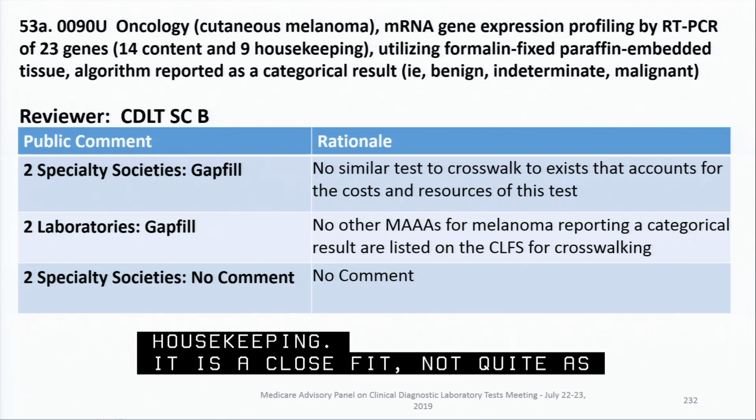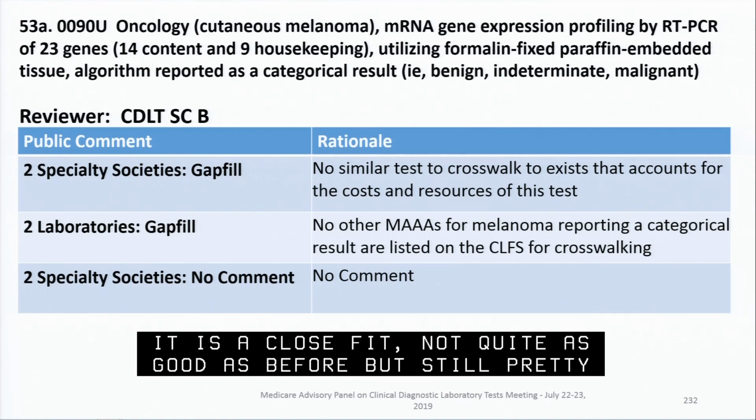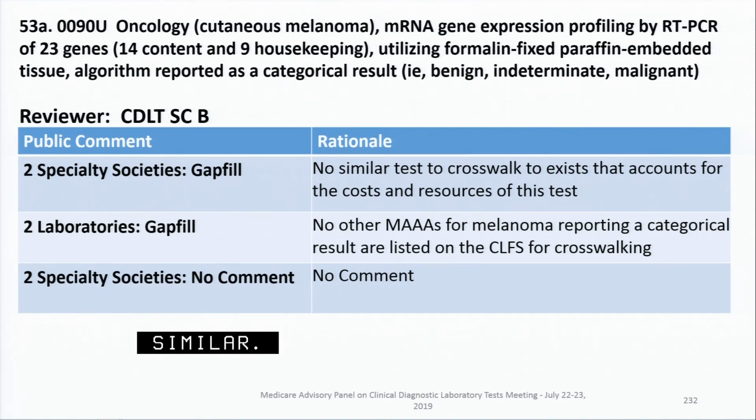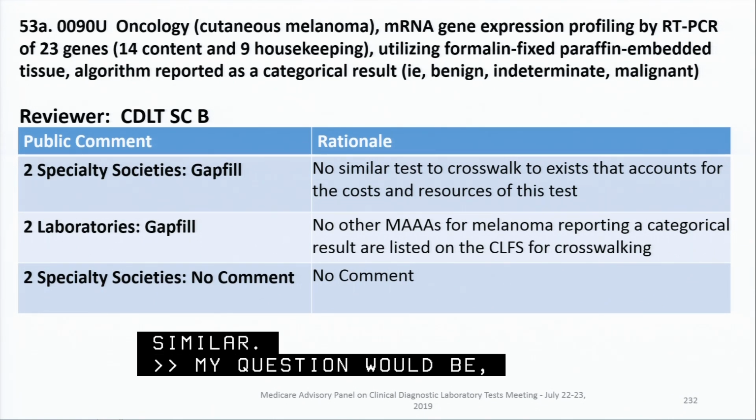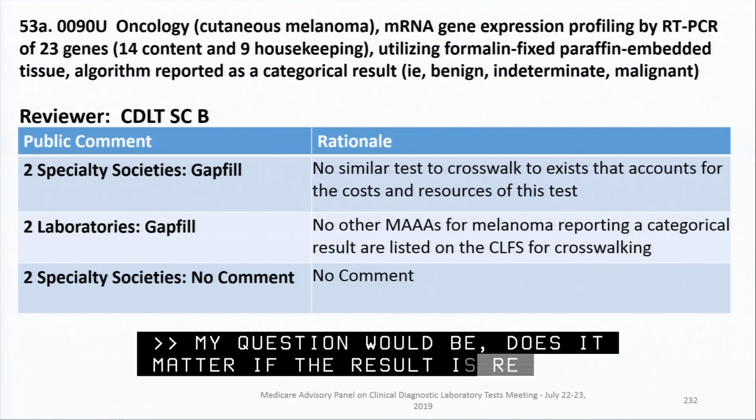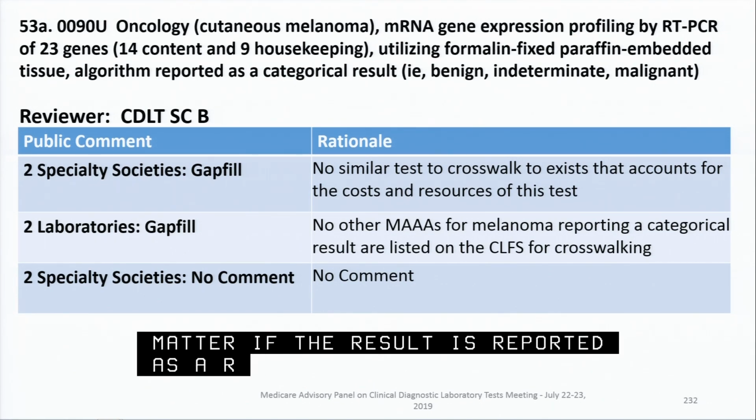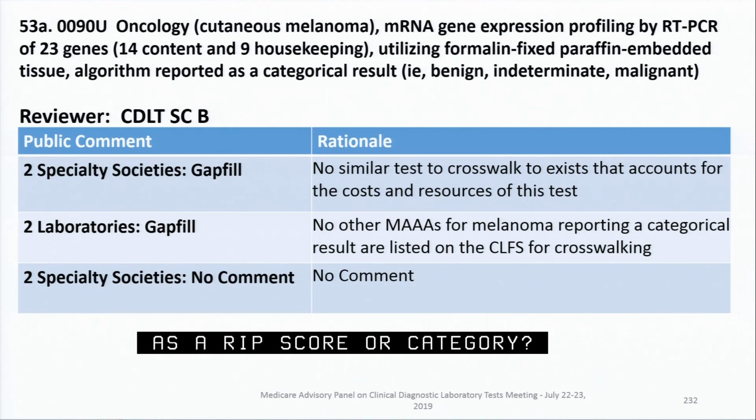Dr. Schoonmaker? My question would be, does it matter if the result is reported as a risk score versus a categorical result? Does that make it different enough to warrant gap fill versus a crosswalk, given where the professional societies landed?